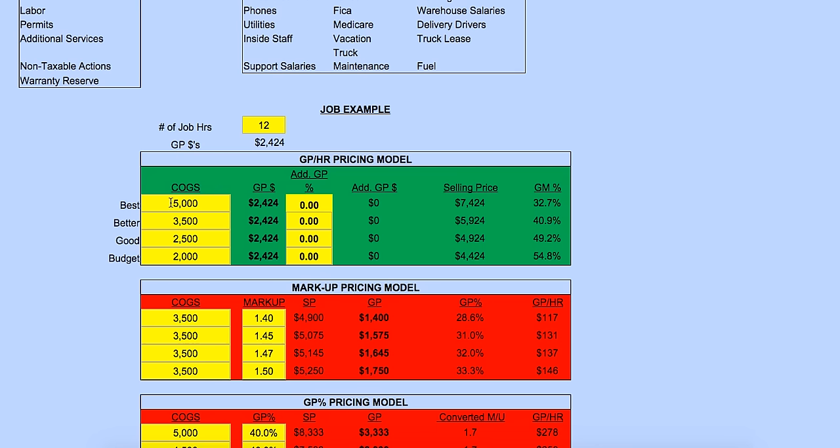So at $5,000 cost of goods sold, my selling price is $74.24. Notice my gross margin is only 32%. I don't really care, as long as I'm bringing in my $24.24. You just got to make sure that your salesperson puts in the total number of hours that are going to be on the job, because that's what you've got to bring in.